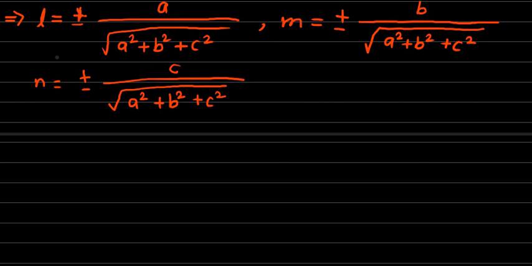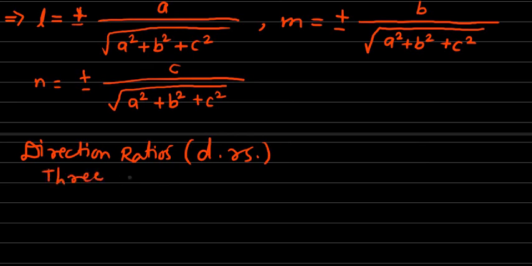We denote the direction cosines in short by DCs. Similarly, direction ratios are denoted in short by DRs.